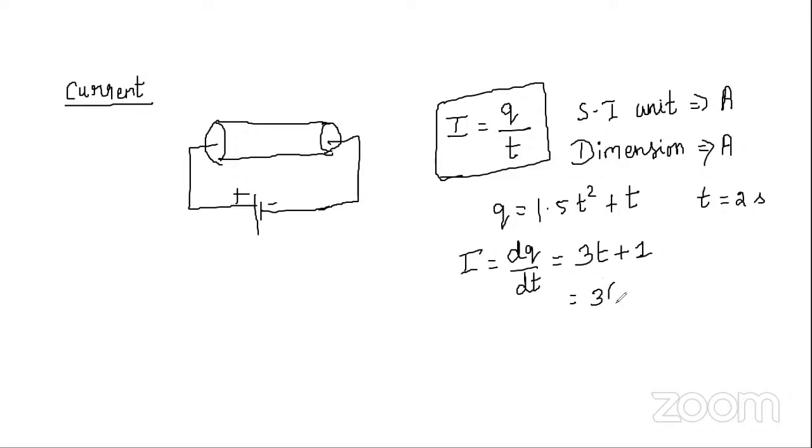Now substitute the time value: 3 into 2 plus 1, that will be 7 ampere. So this is just an example in which the charge is given as a function of time, and when you are asked to find the current, you have to differentiate the charge. In this way, you can calculate the electric current.